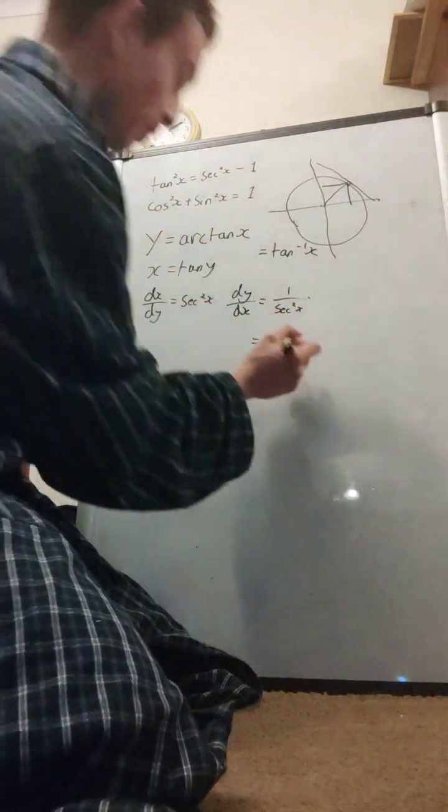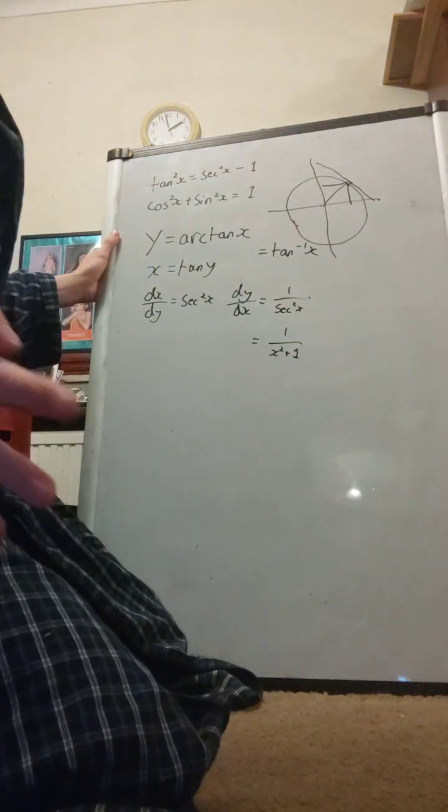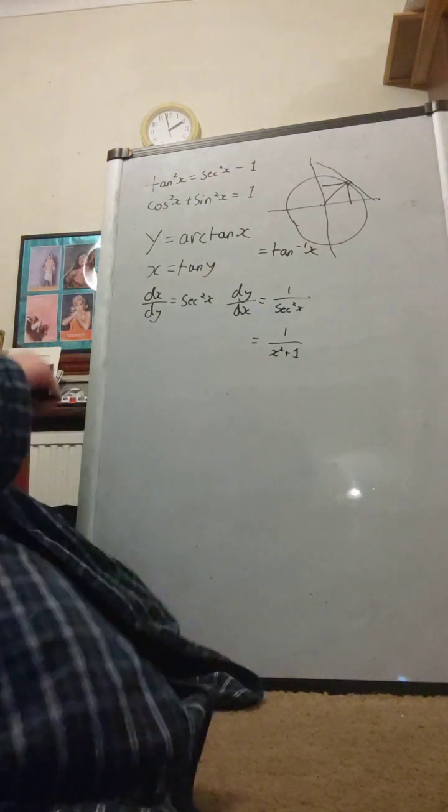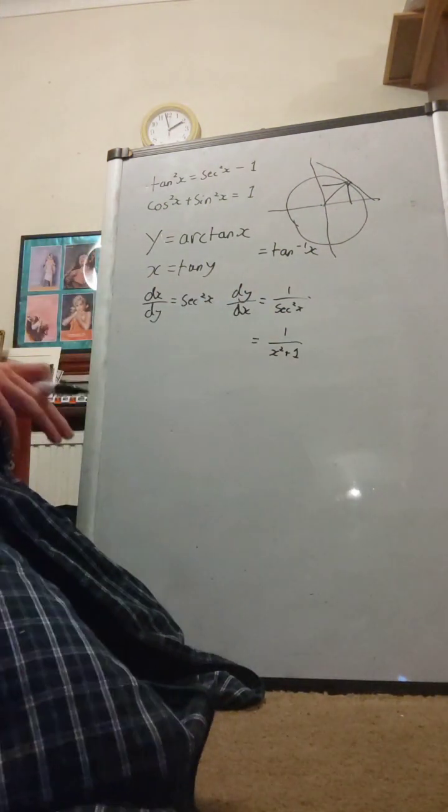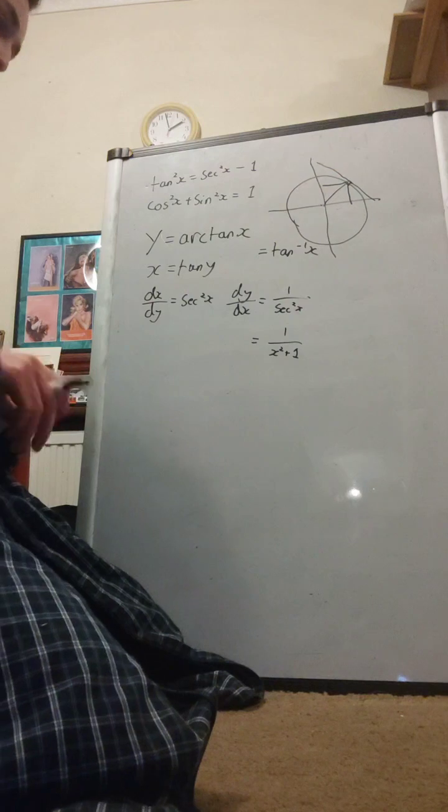Actually x squared plus 1, what am I saying? It is almost 2 in the morning, so my brain's a bit slow, but there you have the derivative of arctangent, 1 over x squared plus 1.